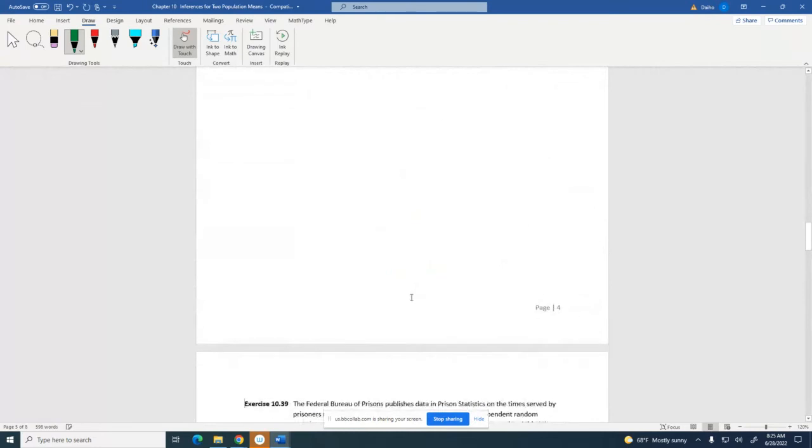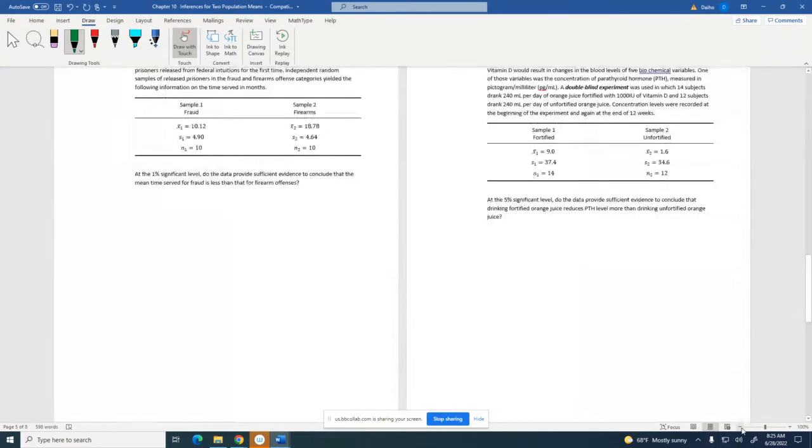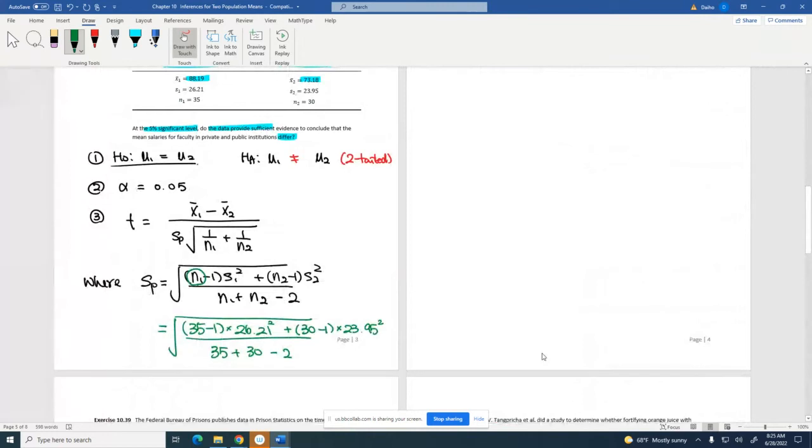Be careful. It takes time. So take your time, slowly. Can you give me the numerator? 35 minus 1 is 34. Simply plug in 34 times 26.21 squared. I have 23356.7794.